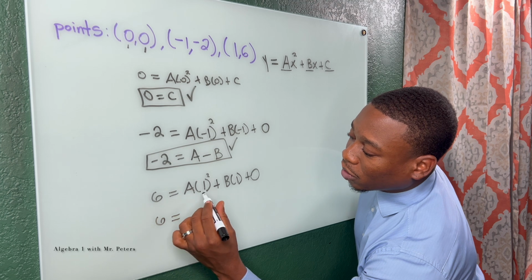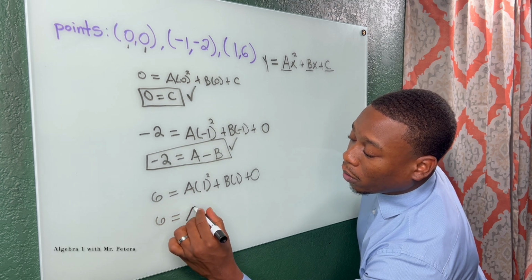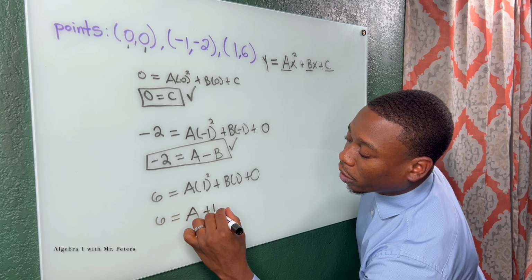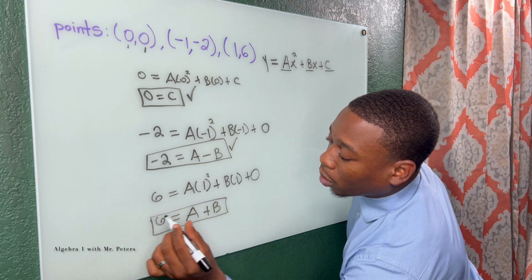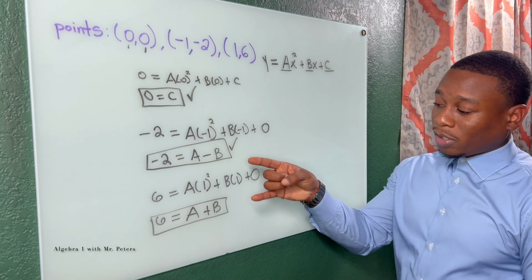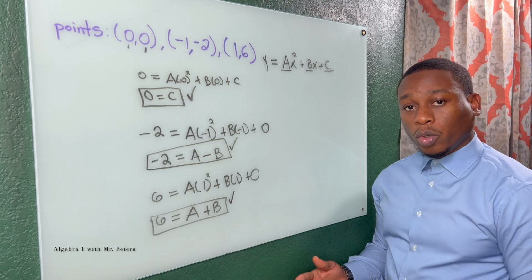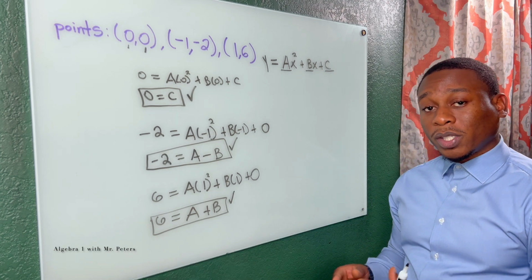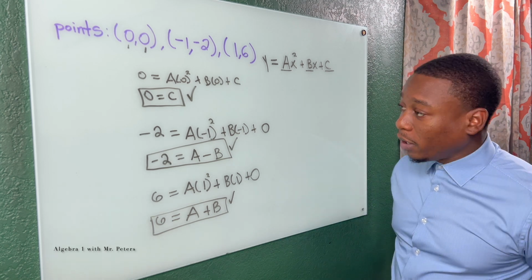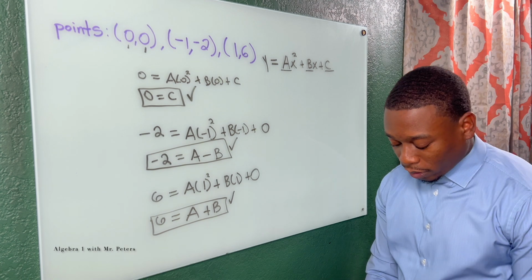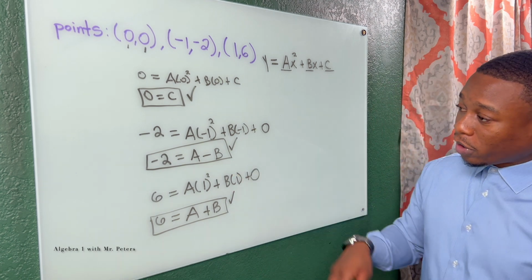So we know 6 is equal to a plus b. So at this step, we've created two separate equations. And these two equations are important because we're going to use systems of equations to now determine what is a and what is b.